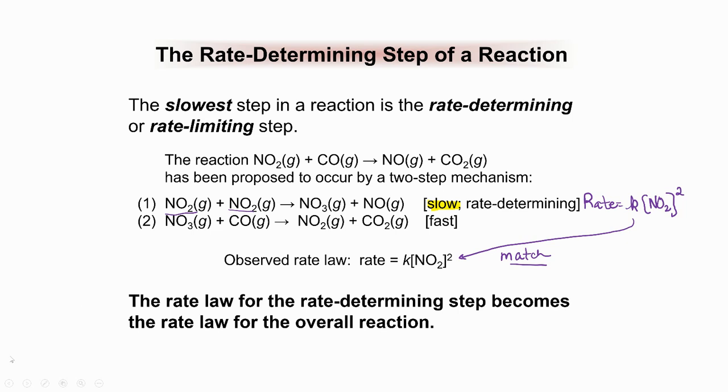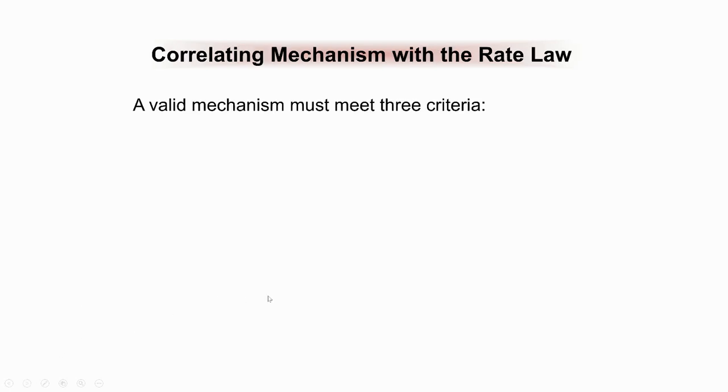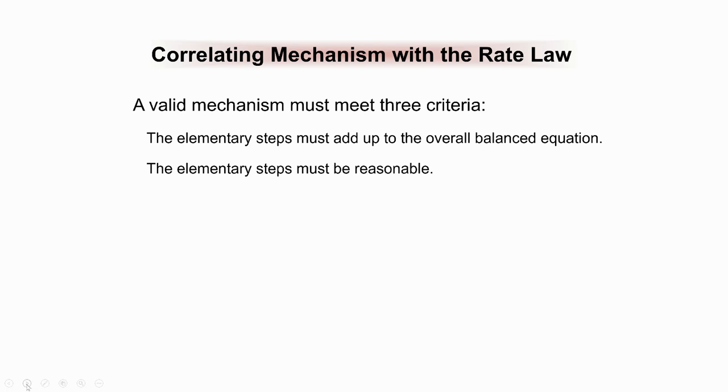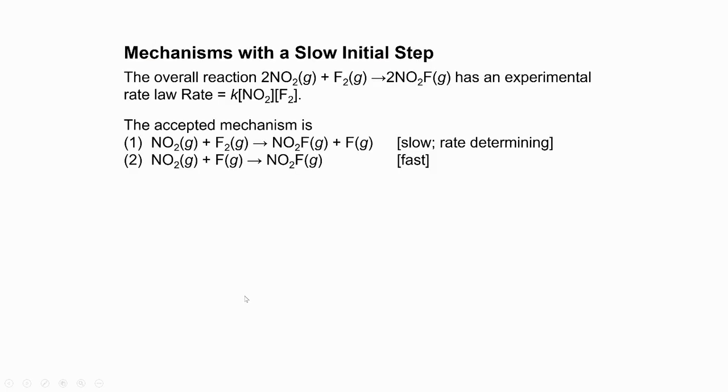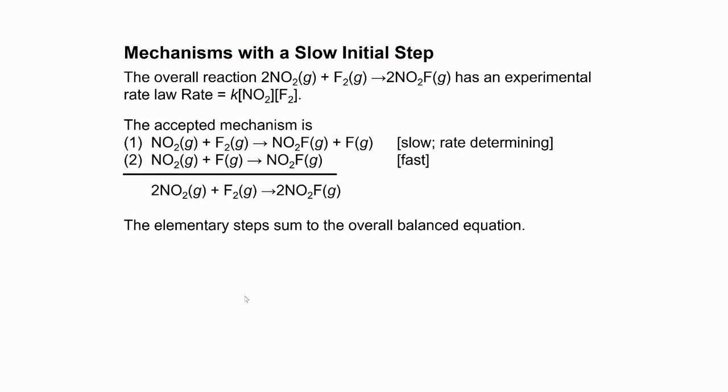Okay, so let's practice another one. We did that one in the previous video. Let's try this one. Take a moment and pause this slide. What I'd like you to do is to write the overall equation from the two steps.